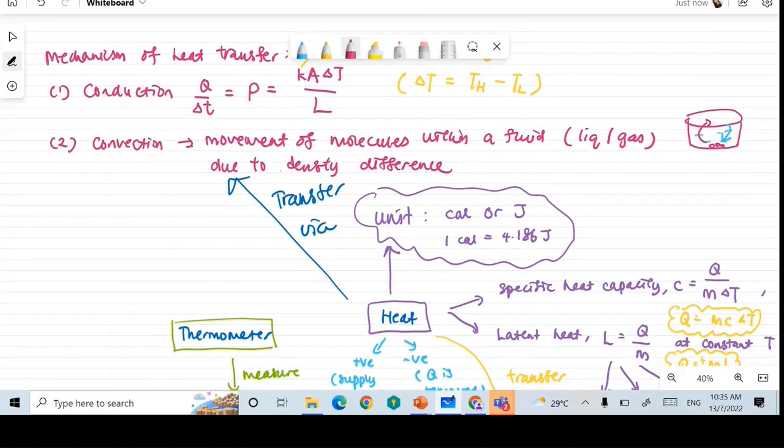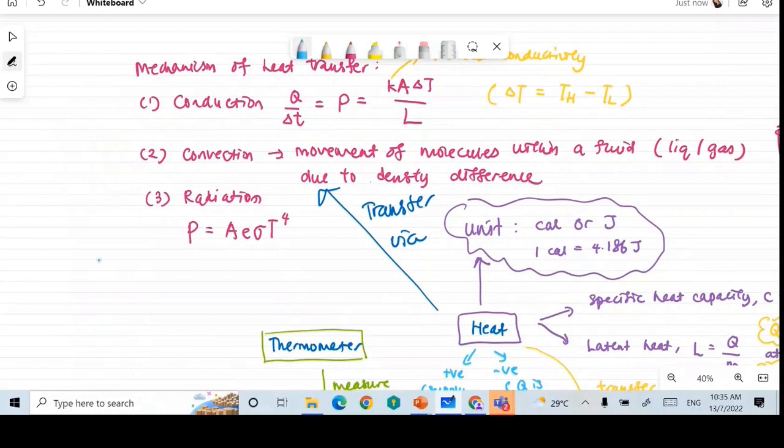Okay, there's no calculation for convection. The third mechanism is called radiation. The rate of radiation, the power, is A e sigma T to the power of 4, right? If an object is at temperature T, it is able to radiate heat due to the temperature T. Radiation is via electromagnetic waves, right?